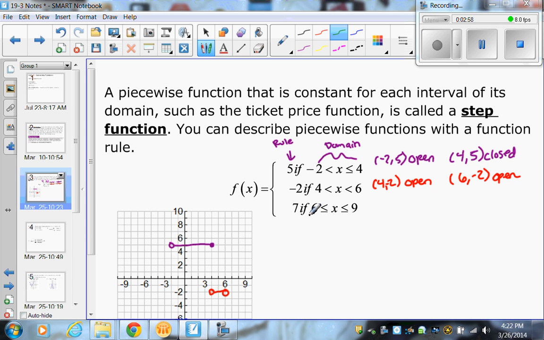The last one, we have the point 6, 7, and it's closed because it's equal. And we have the point 9, 7, and it's also closed because it's equal.